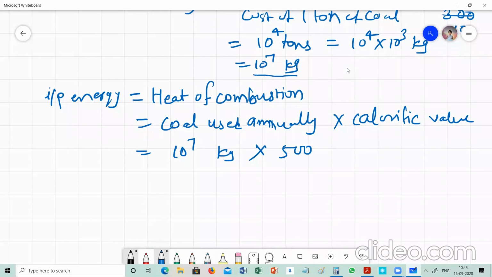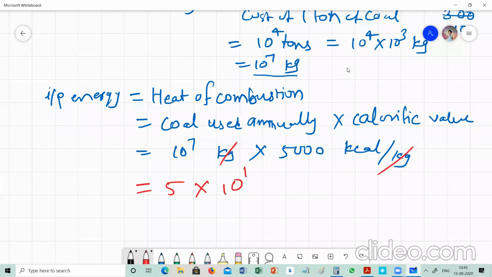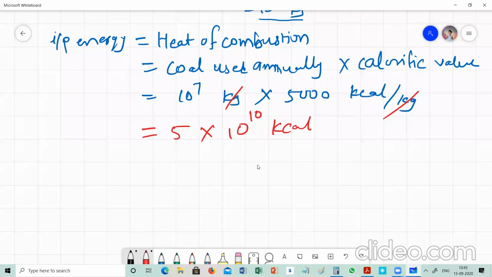The kilogram will cancel out and we will have 5 into 10 raised to 10 kilocalorie. So we have now the input energy.